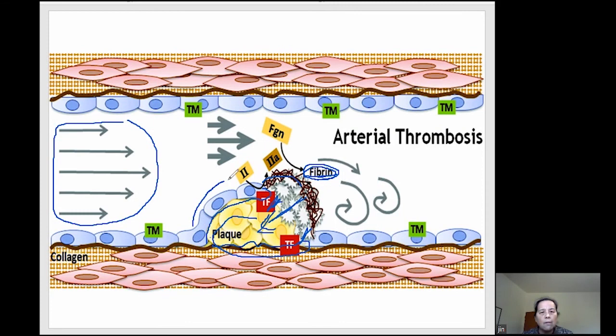Here, we have something blocking. The blood flow will change as it passes this small area, and then it forms some circles like this. Truly, it's not a smooth blood flow.